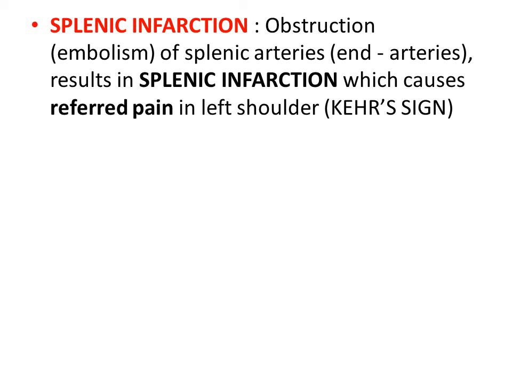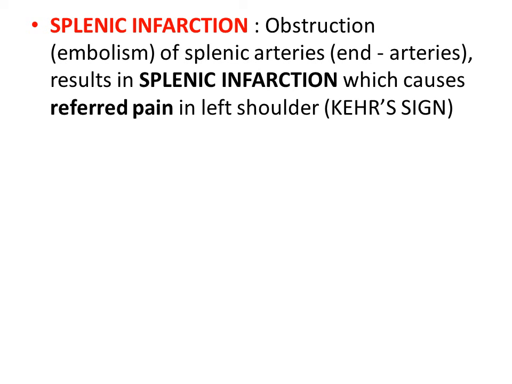And this infarction causes referred pain in the left shoulder, and that is known as Kehr's sign. Kehr's sign is basically the occurrence of acute pain in the tip of shoulder due to the irritants in the peritoneal cavity when a person is lying down, right?